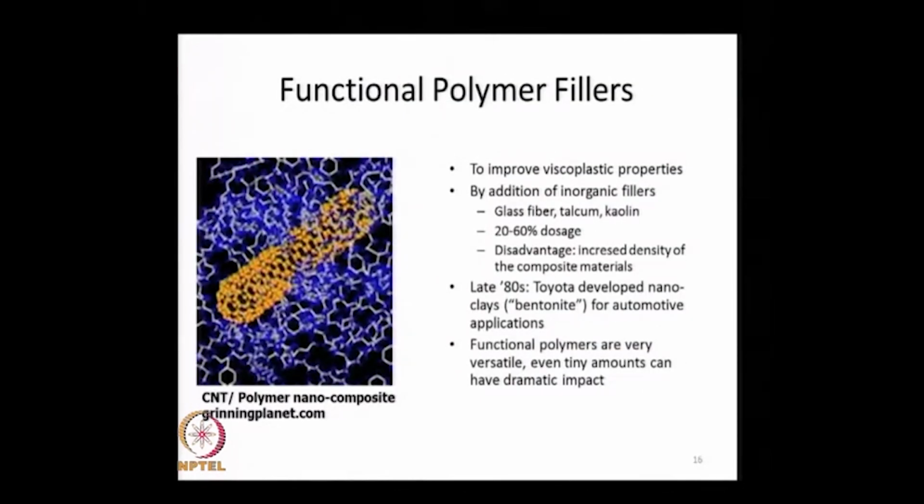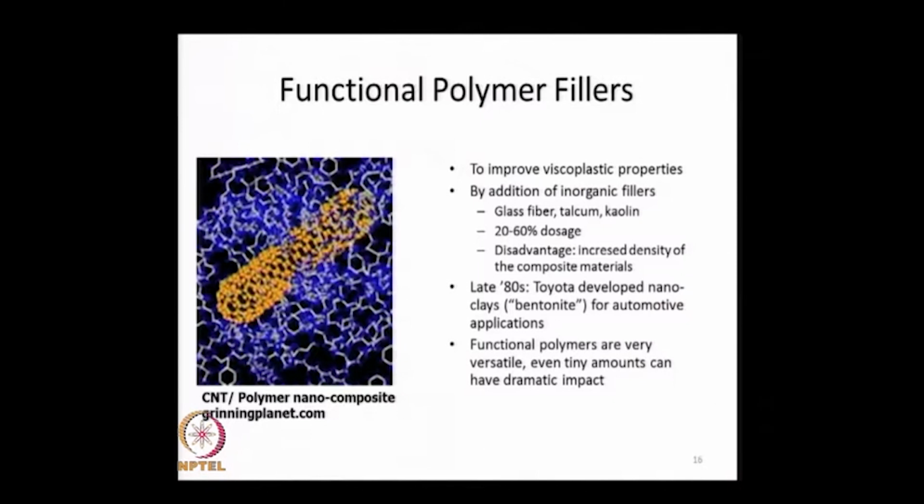So, just to go through some examples of this, functional polymer fillers. Carbon nanotube is widely used as a filler material, but there are others as well. Primarily this is to improve the viscoplastic properties of these polymers. The fillers are predominantly inorganic materials like glass fiber, talc, kaolin.